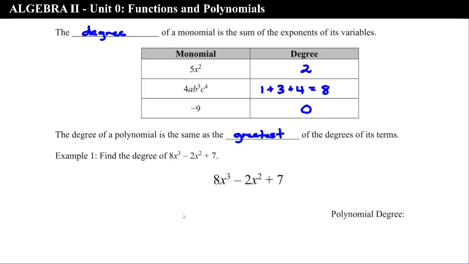Well, if we want the degree of this, we've got to look at the degree of the terms. So the first term, the degree is 3. The second term, the degree is 2. And the third term, the degree is 0. Well, what is the greatest of these three degrees? It's 3, so therefore our polynomial degree is 3.